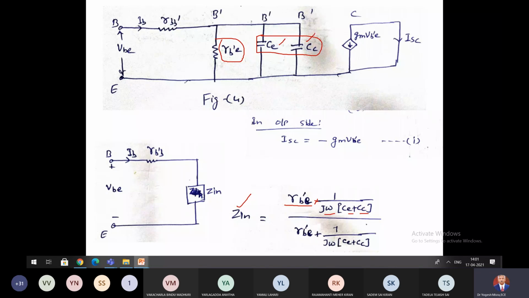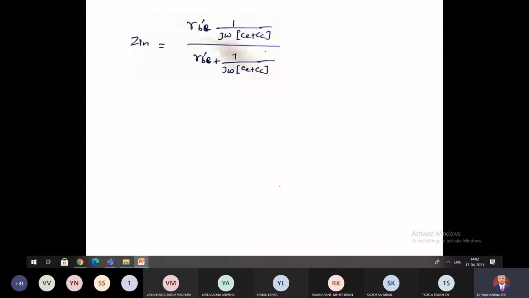Because CE and CC are in parallel, and since they are capacitances, the equivalent capacitance will be CE plus CC. Okay, so this is Zin.